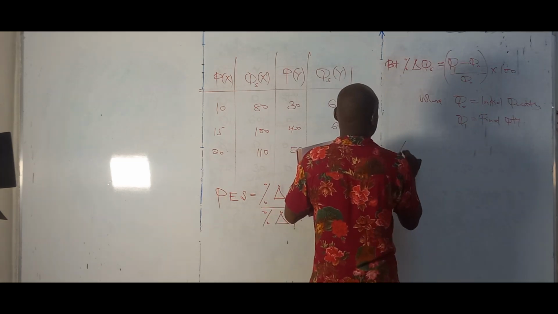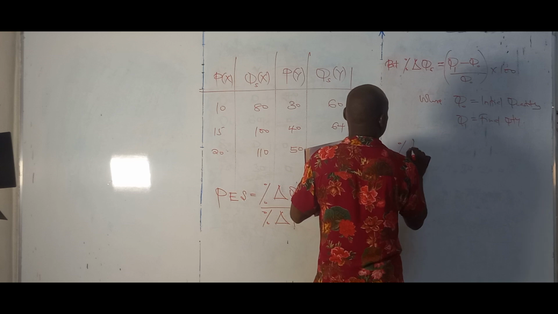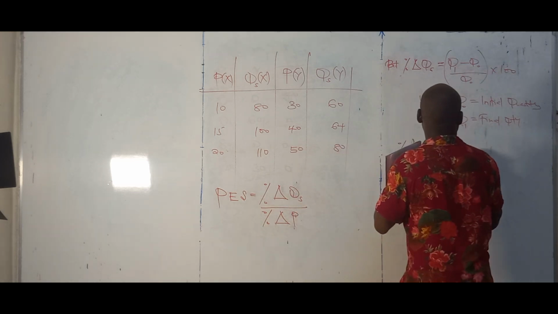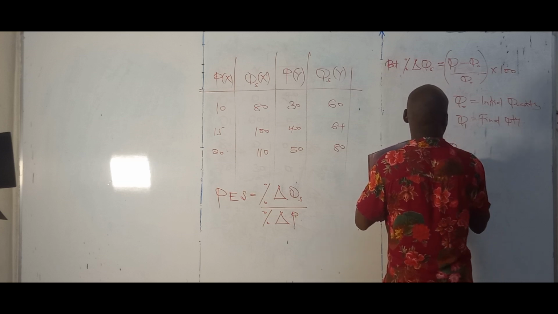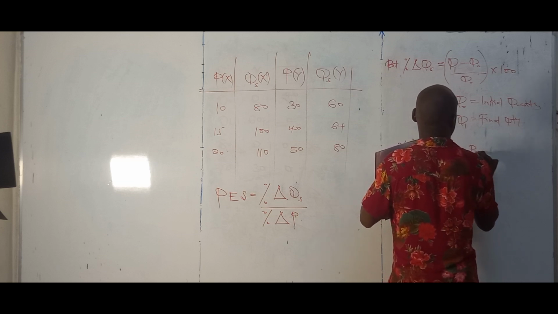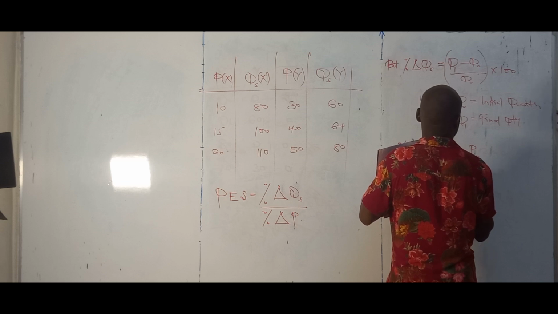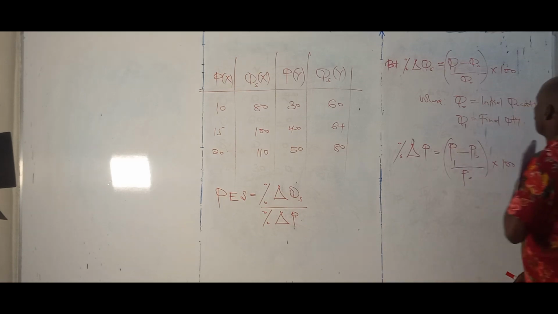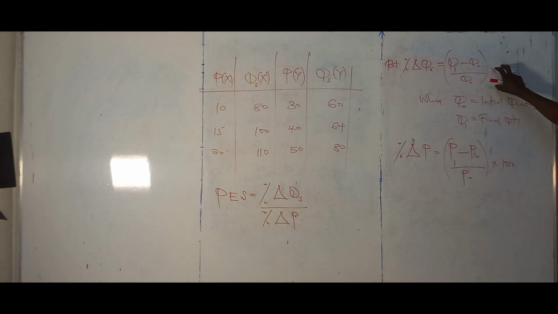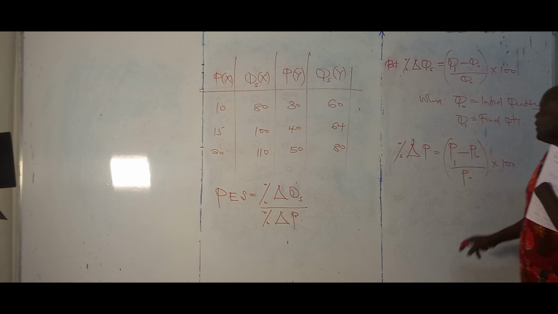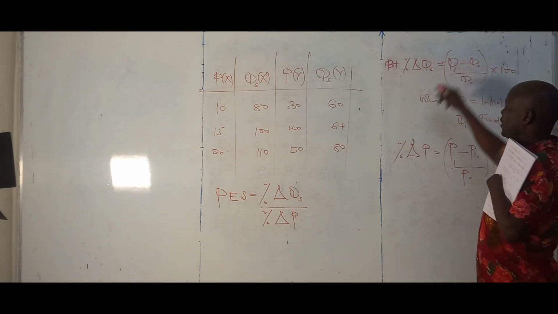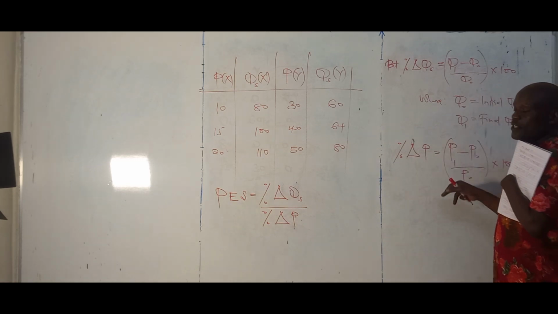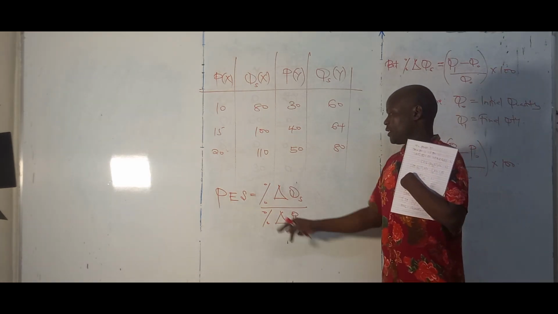And percentage change in price is just the same thing again. It is final price minus initial price over initial price times 100. So once you specify this and this, all of this becomes our numerator and all of this becomes our denominator.